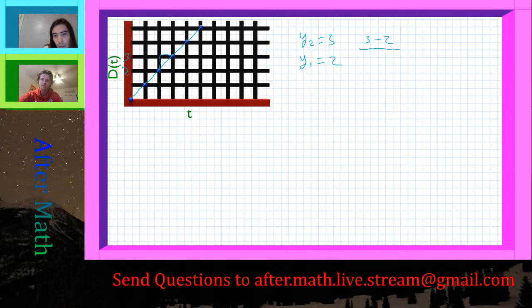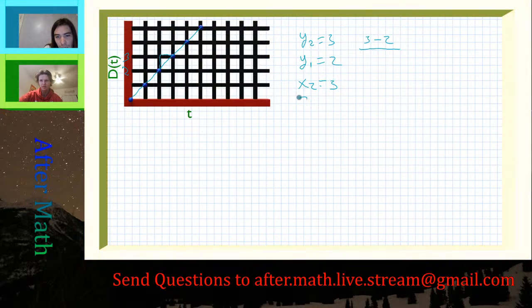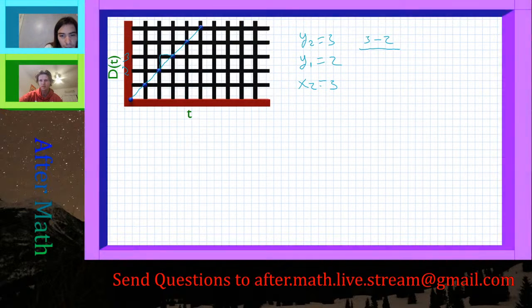And then on bottom, which is a run, going along the x-axis here, we also are going to have x2 equal to 3, and x1 is going to equal 2.